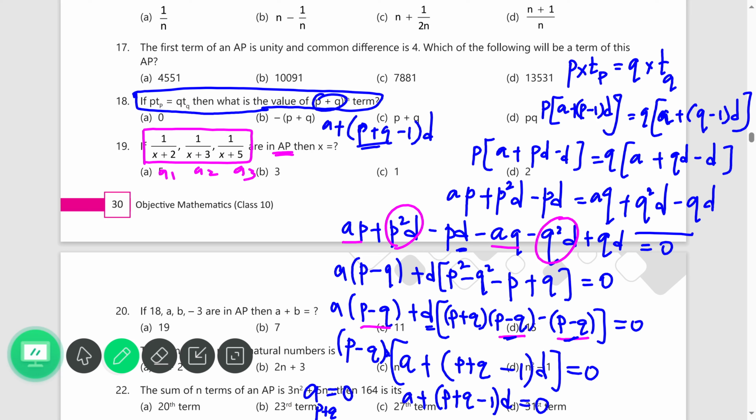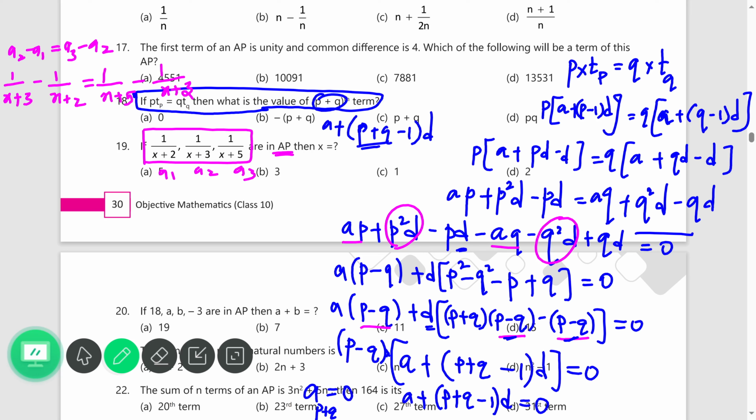A2 value 1 by X plus 3 minus A1 value 1 by X plus 2, which is equal to A3 value 1 by X plus 5 minus A2 value 1 by X plus 3. Try to bring X plus 3 one side, then we can easily simplify it. Or else take cross multiply there itself. Whatever I do, not a problem.